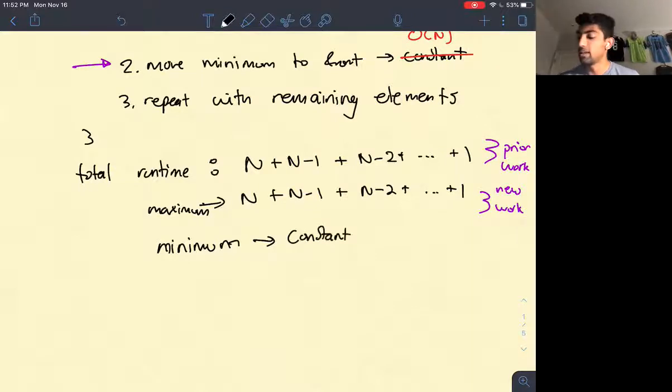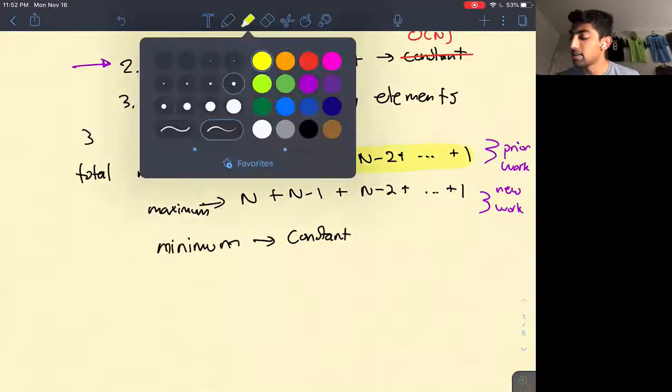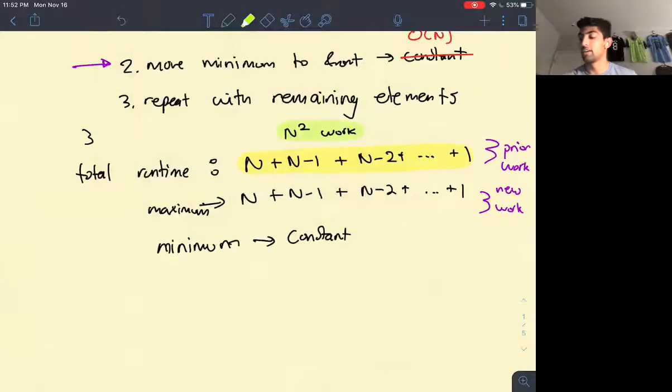The important takeaway is that if we're already spending n squared work in a selection sort, right, we notice that the added work by swapping is at most n squared, right? So we can see that if we're already doing n squared work and we are doing at most n squared additional work, the total runtime of our function doesn't actually change, right?